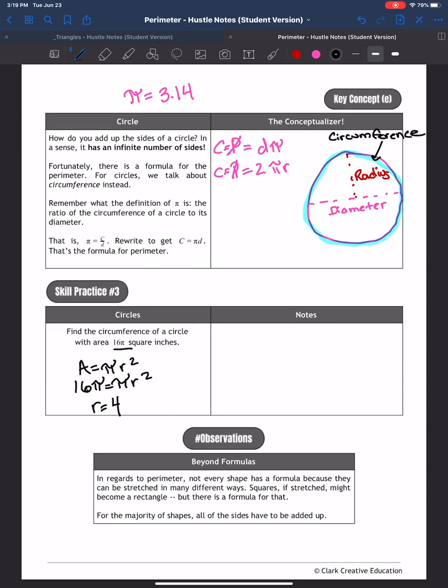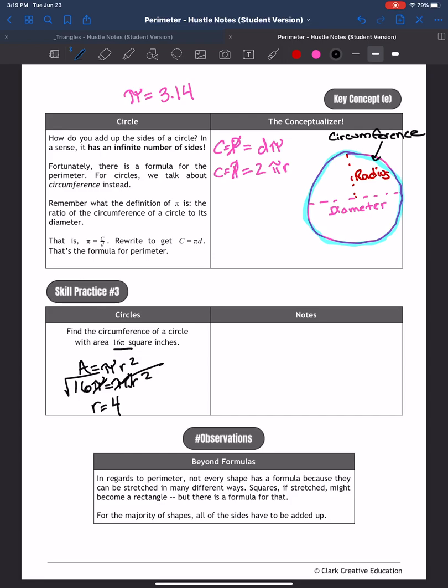And we know this because the pi's cancel themselves out. You have 16 equals r squared, and you're going to take the square root of both sides. That gets you r equals 4.